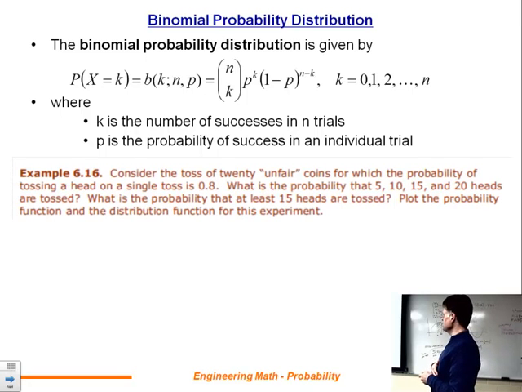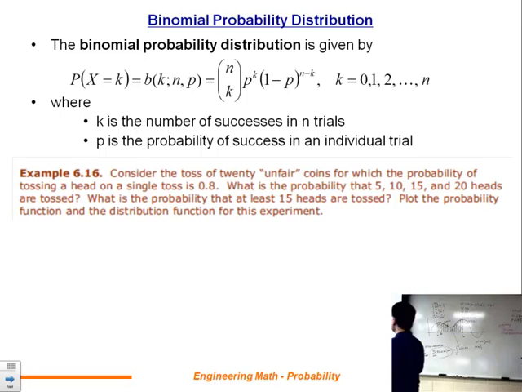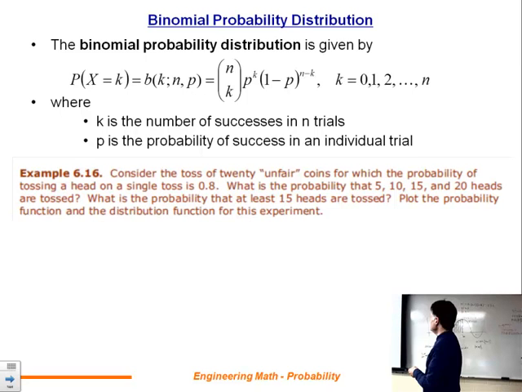So let's do an example, because examples are much easier to learn from. Consider you toss 20 unfair coins, or biased coins, where the probability of tossing a head in a single toss is 0.8, so 8/10, or 4/5.